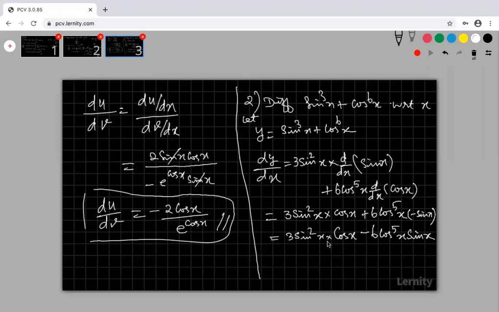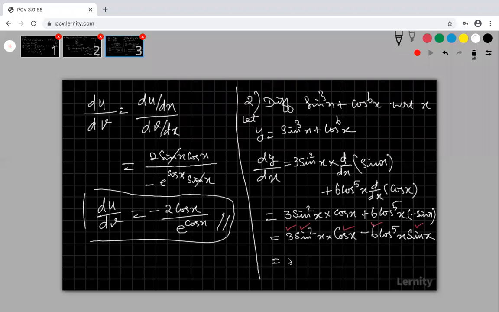If possible, if any term is common in both terms, you can take it outside. Look at which is common. The 3 can be taken outside, since this is 2 into 3. Here sin square is there, and here sin x, so one sin x is common. Here cos power 5, and here cos x alone, so one cos x is also common.